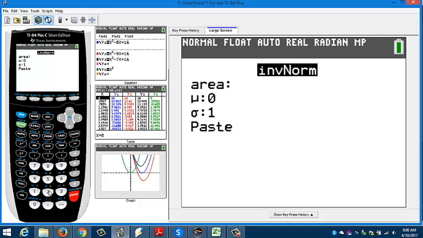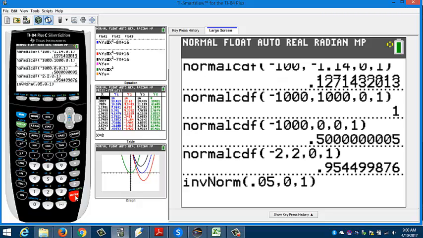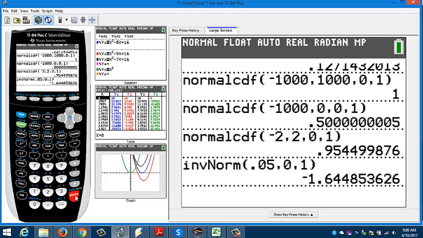So what area do I type in? 0.05, sure. So let's type in 0.05 for the area, 5th percentile. Let's leave the mean as 0 and leave the standard deviation as 1, and we're going to paste things in. And let's see what it spits out. It says negative 1.645, right?